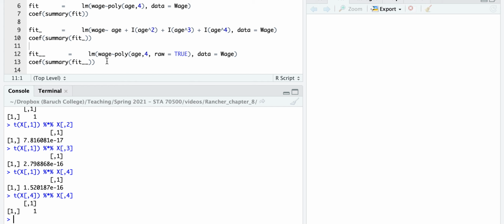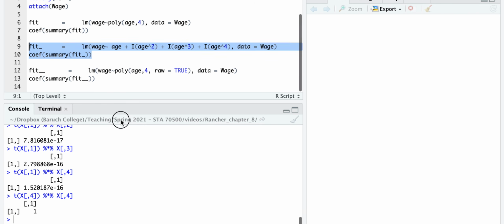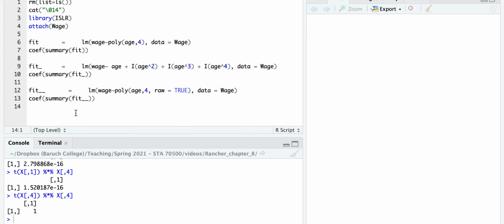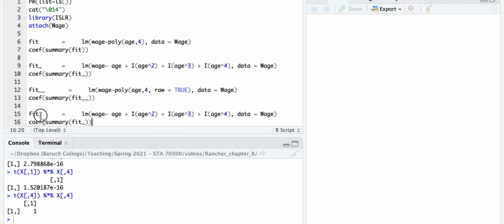Now another way of doing this is you can do it using cbind.